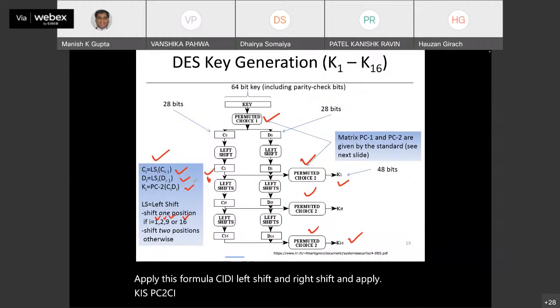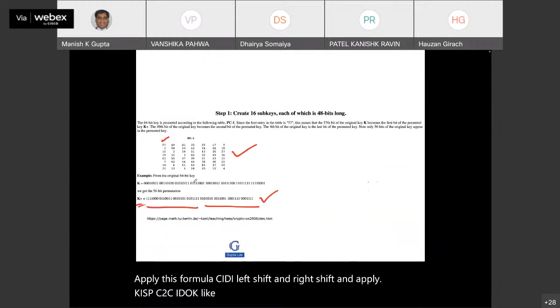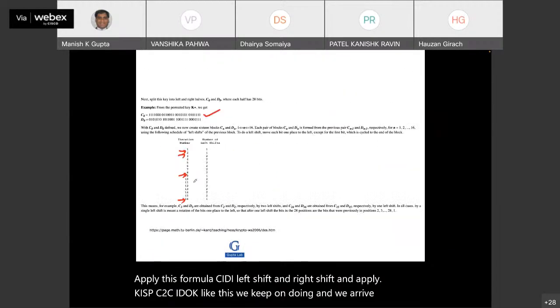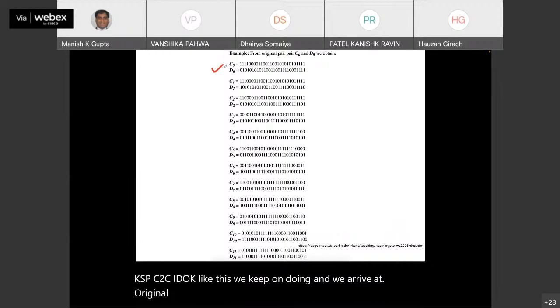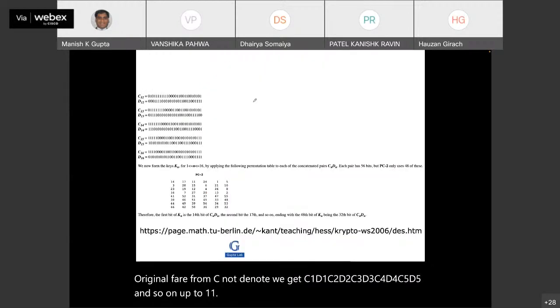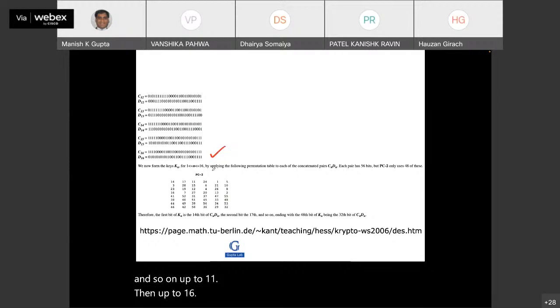Like this, we keep on doing it, starting from the original pair C0 D0. We get C1 D1, C2 D2, C3 D3, C4 D4, C5 D5, and so on up to 16. We form the keys Kn by applying the following permutation to each of the concatenated pairs Cn and Dn.